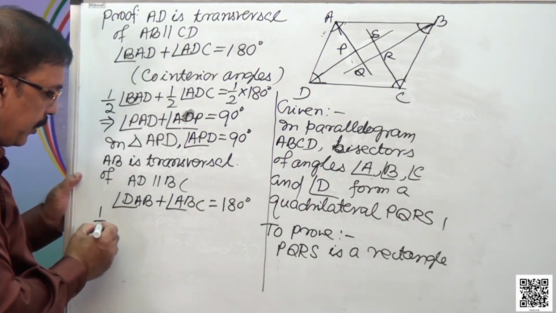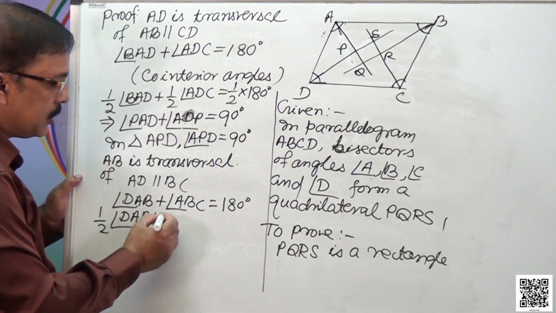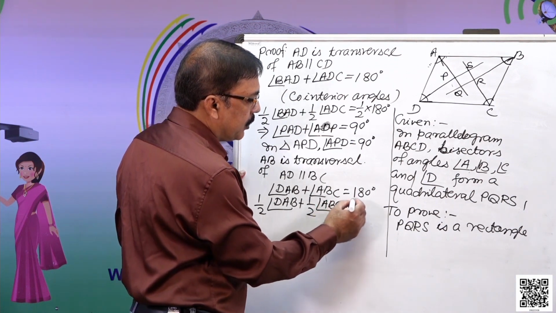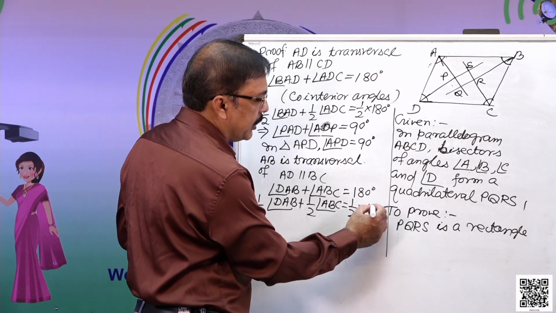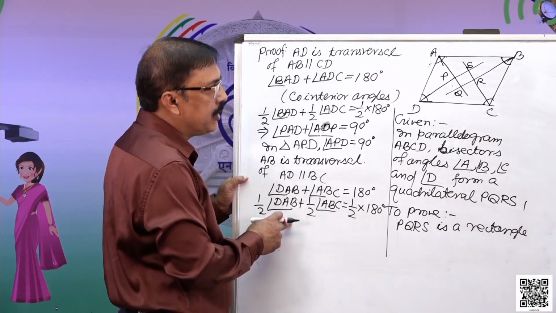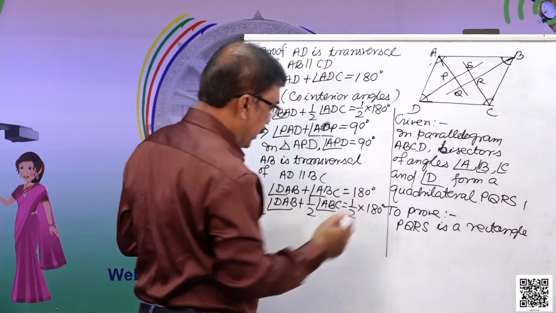Again taking half of it, we have half DAB plus half ABC is equal to half of 180 degrees. Now you see, half of DAB we can take as BAP.